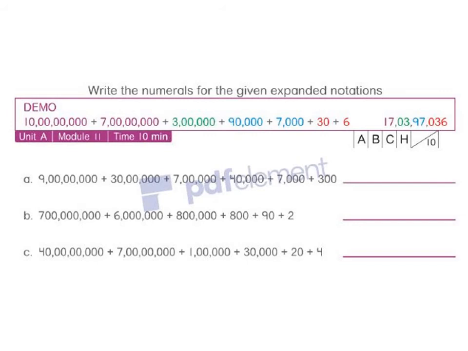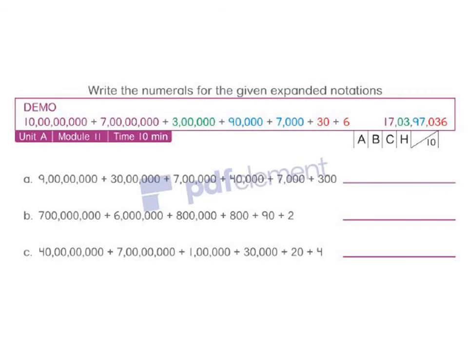Question number A is asking you, what is 9 crore plus 30 lakh plus 7 lakh plus 40,000 plus 7,000 plus 300? The second question, question number B. Now this is in international system.